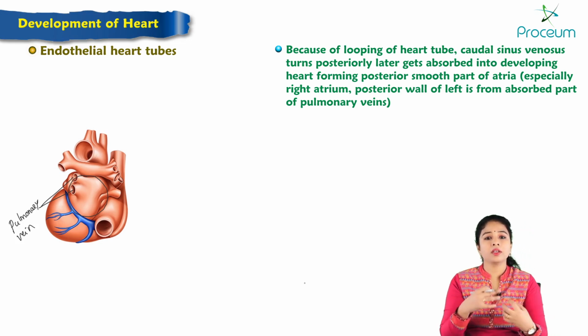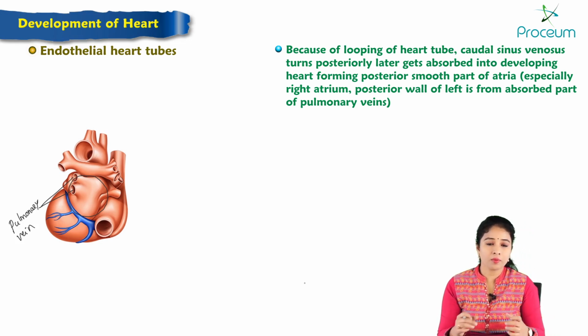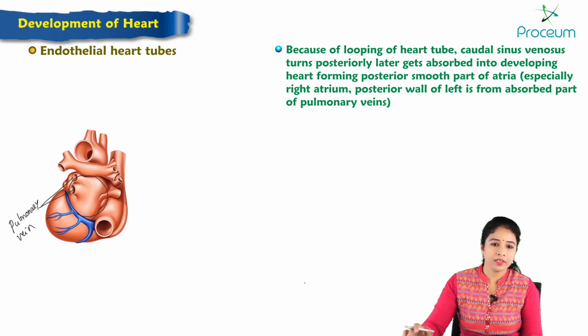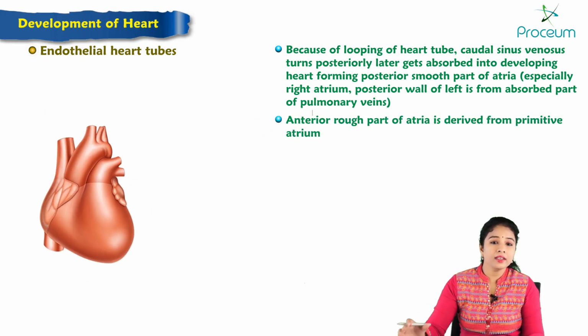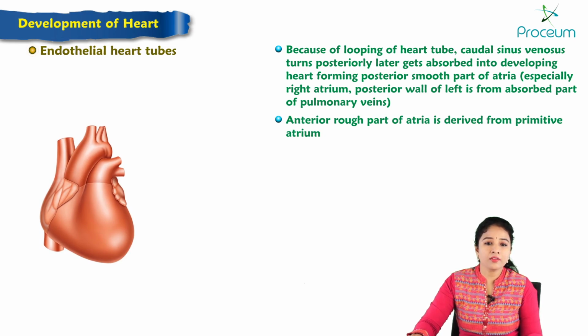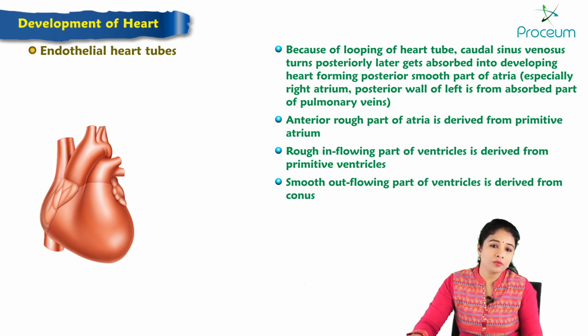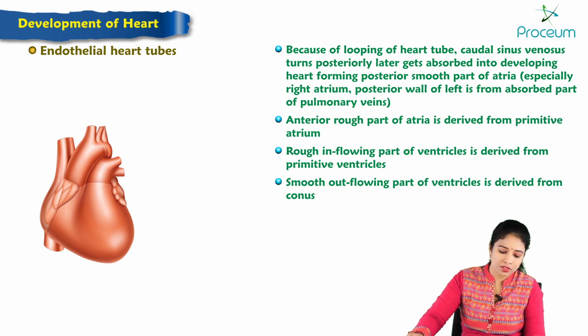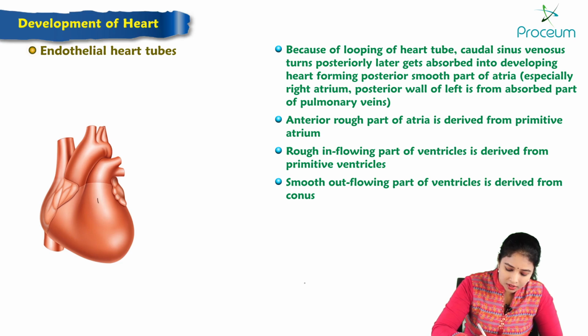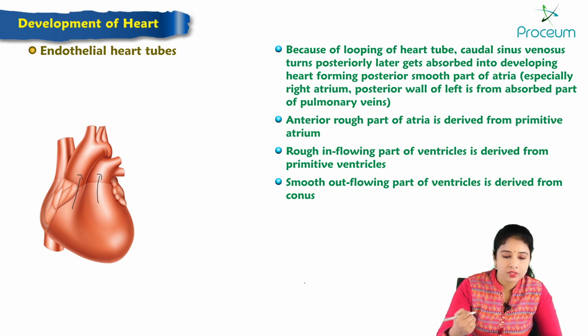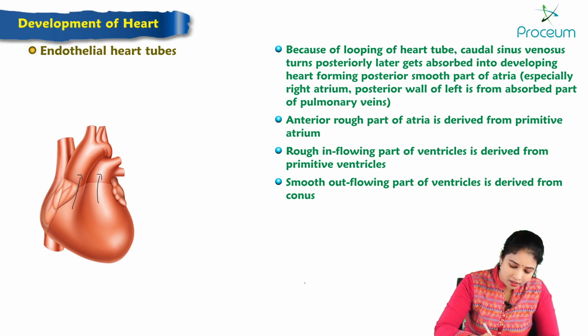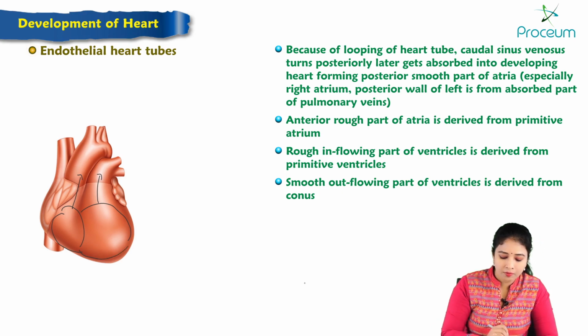The anterior rough part of the atria is derived from the primitive atrium. The rough inflow part of the ventricles is derived from the primitive ventricle, and the smooth outflow part of the ventricles is derived from the conus.